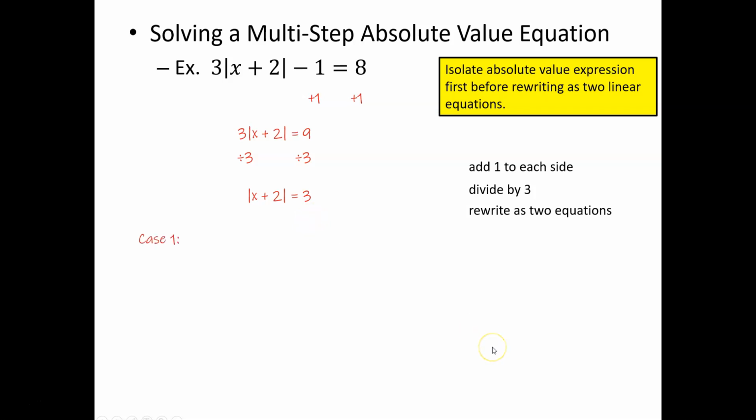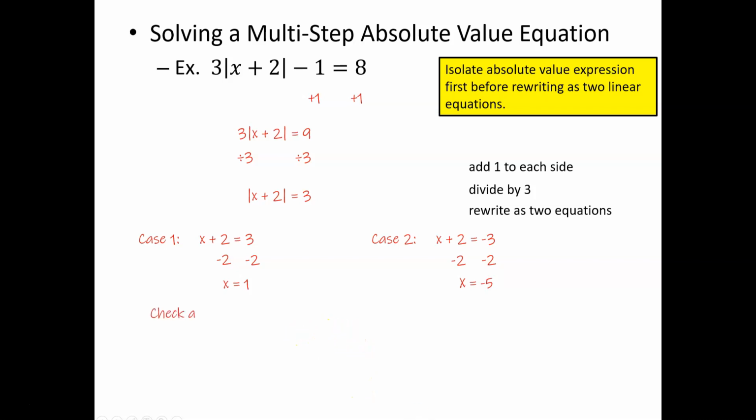Now we can do case 1, where we just take away the absolute value bars and we get x plus 2 equals 3. Then we can do case 2, where we take away the absolute value bars and make it -3. Then we're just going to solve and see what we get. So we subtract 2 from both sides, we get x is 1. Subtract 2 from both sides, we get x equals -5.